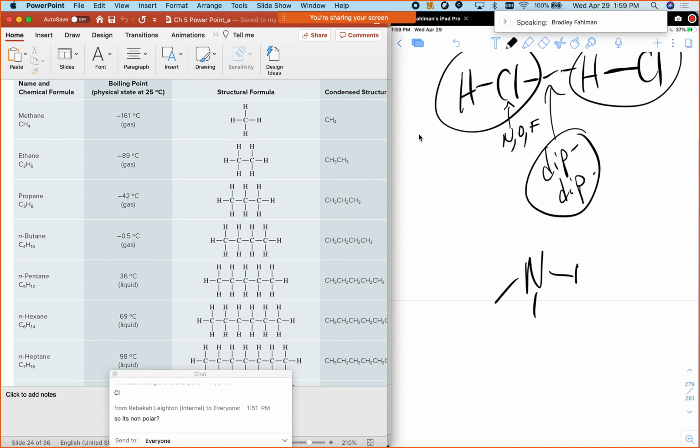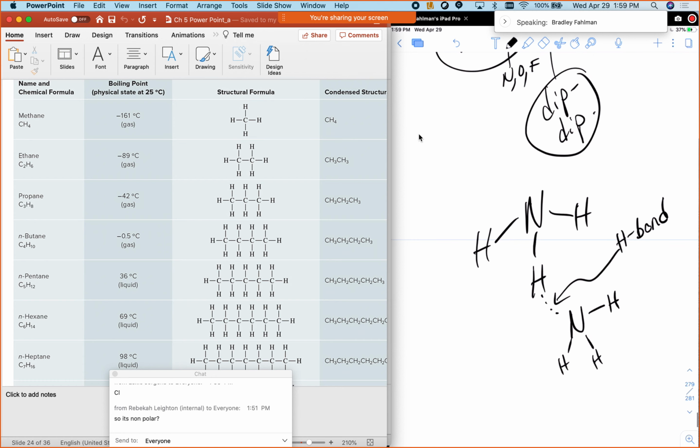So here's a very common example of another one that would be a hydrogen bond, between ammonia, because you've got an N directly bonded with hydrogens.